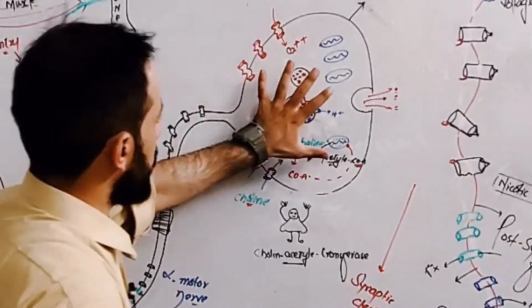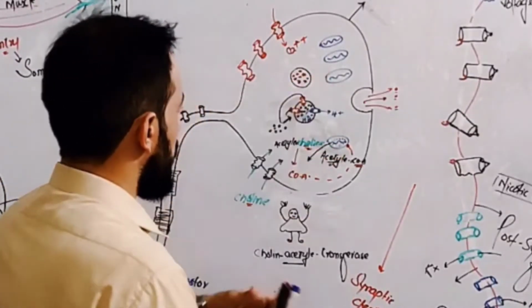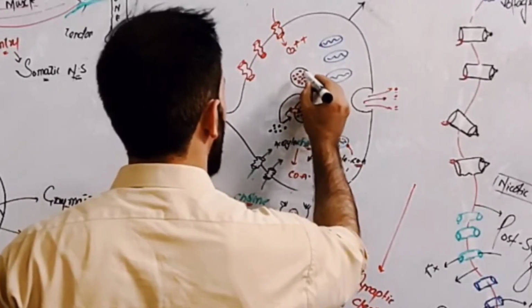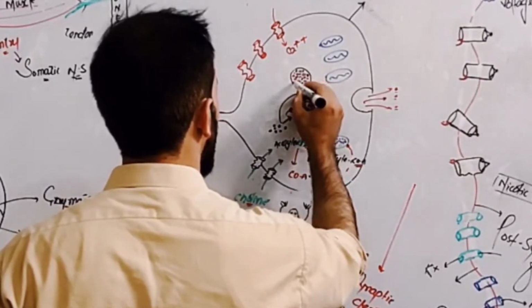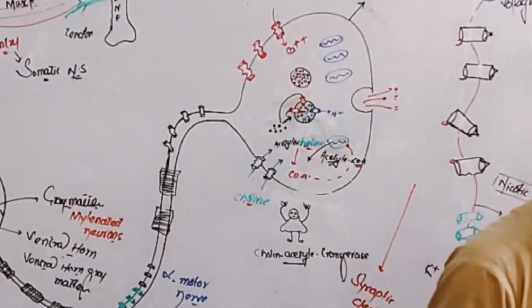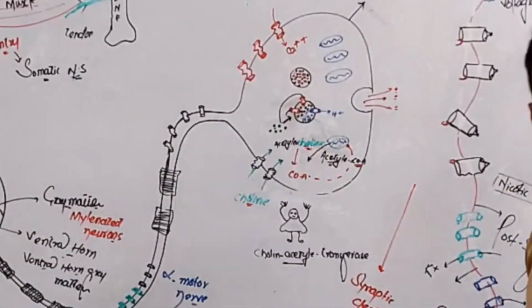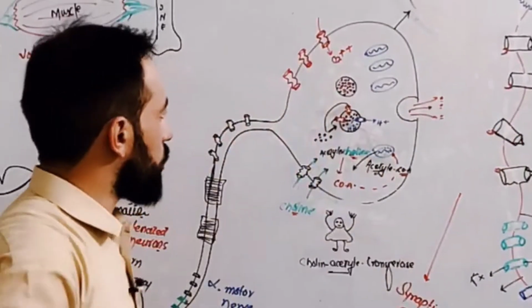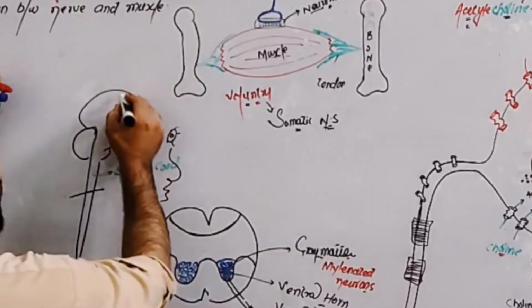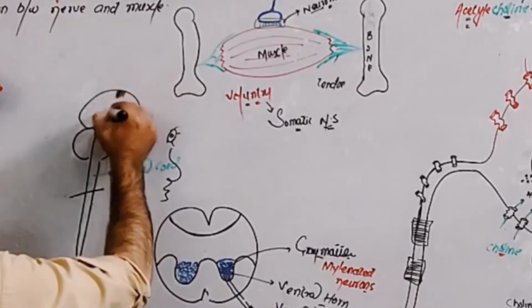Good. Now when acetylcholine is formed, right, they are stored in these vesicles, and these vesicles contain lots of acetylcholine which has a very small half-life, about 0.5 seconds, right? Now look what happens when they are from your motor areas, from your motor cortex.